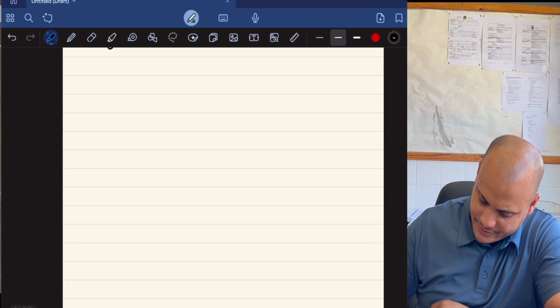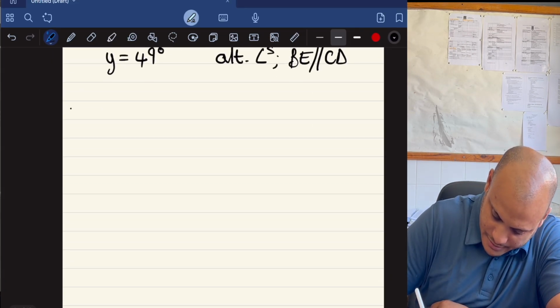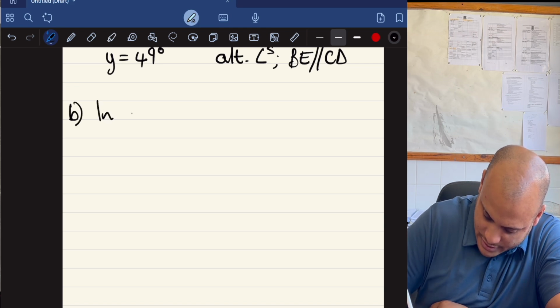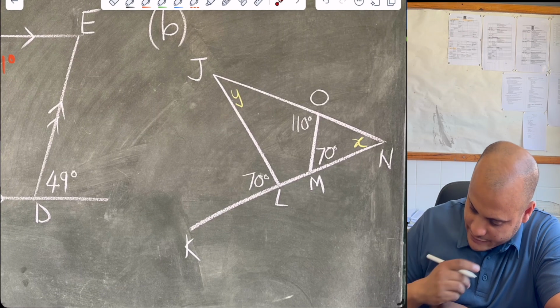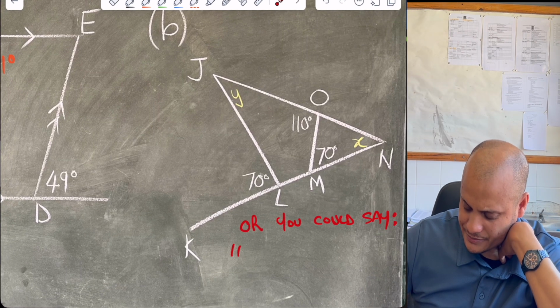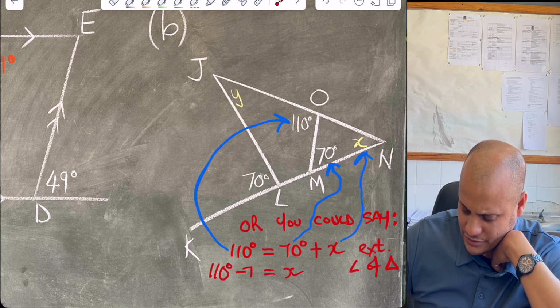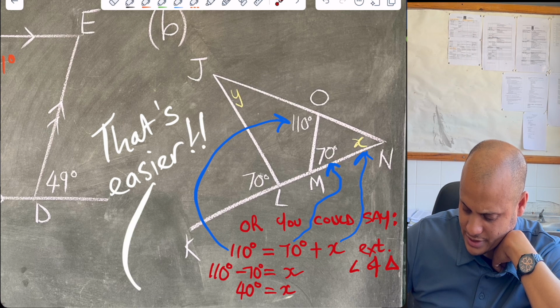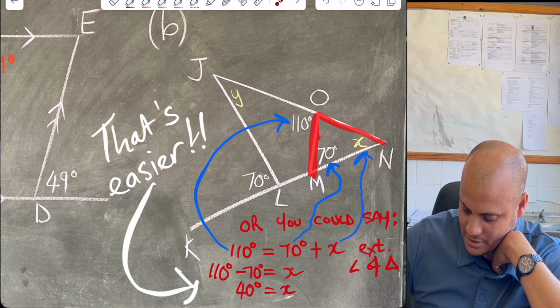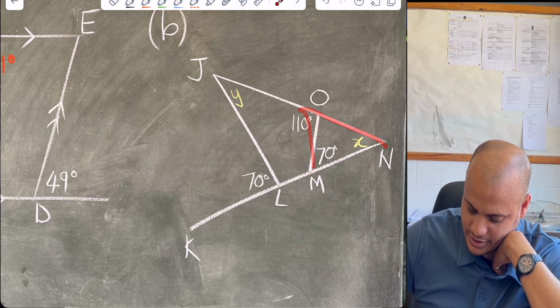Okay, so this is B. I'm just going to say here, in triangle MNO, we have, and here we just need to be careful how we name the angles. I know this is a bit of a sore point for some of you, because there's nothing here as a label, but we know that this angle would be labeled as MON, or like I said, NOM.